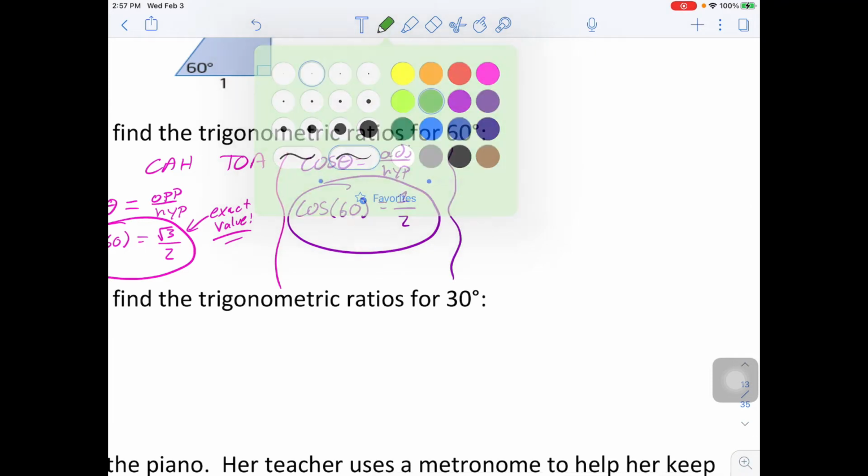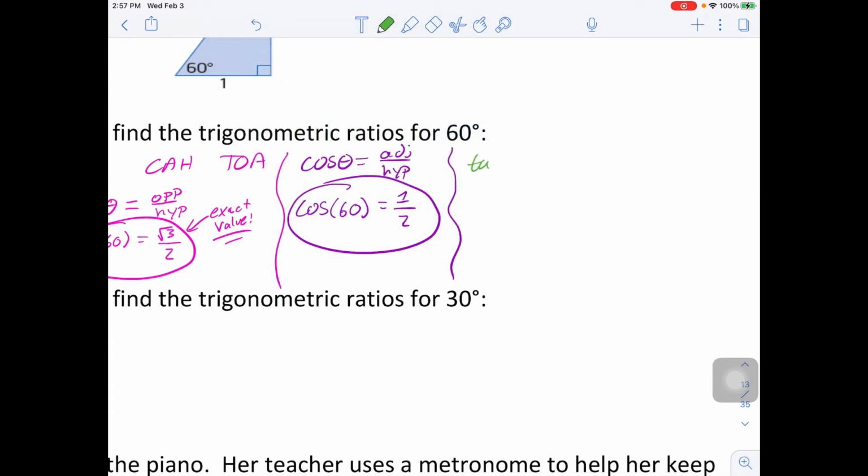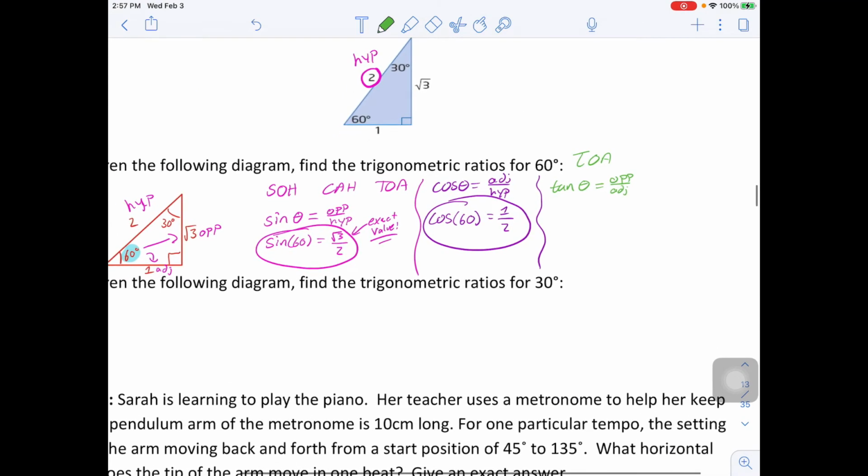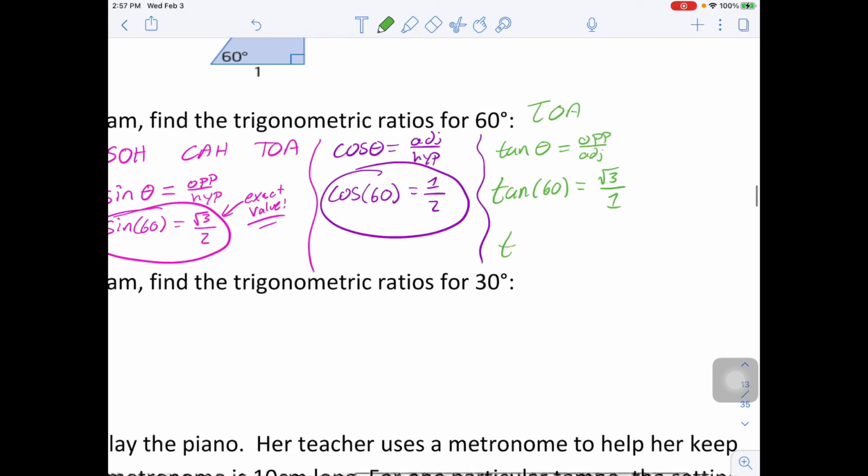And then lastly here, we will do tan. So tan angle, that's TOA, so that's opposite over adjacent. At this point, we have tan 60. Our opposite side length is root 3 over our adjacent side length, which is 1. So we get tan 60 equals root 3.